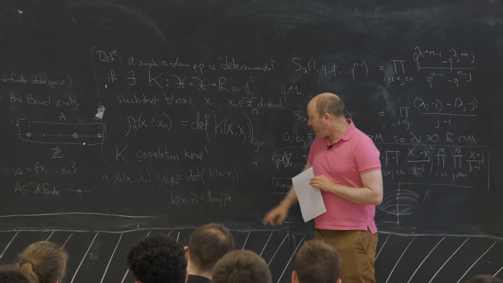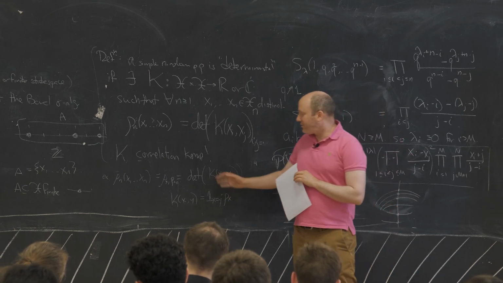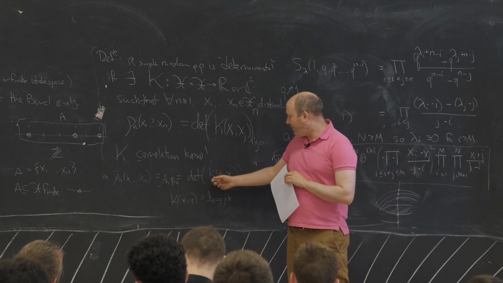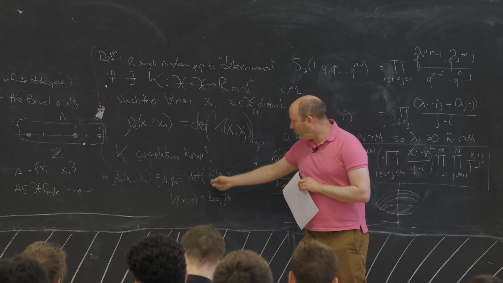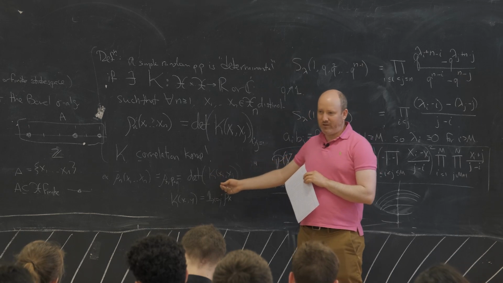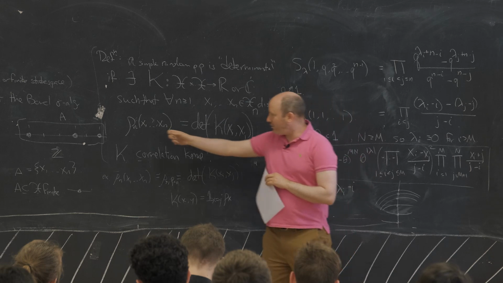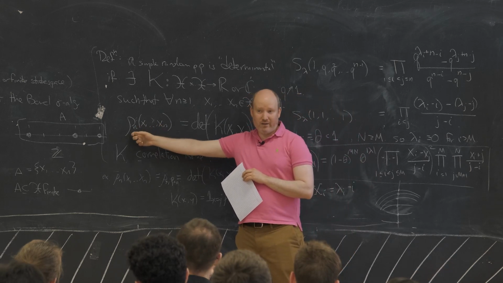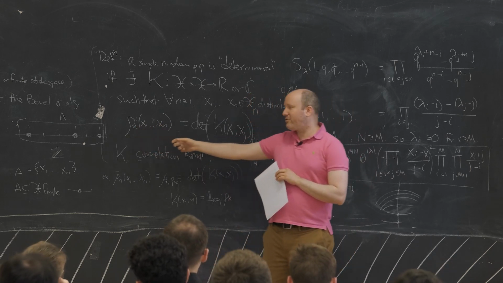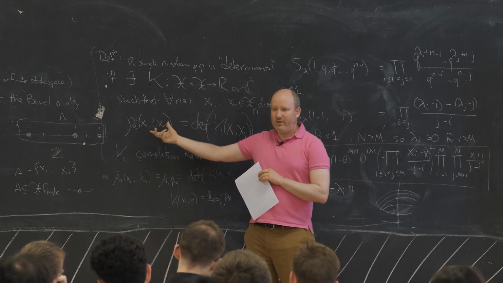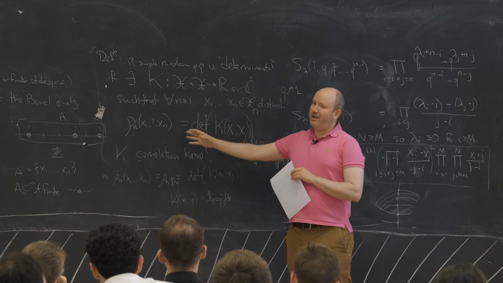So you're going away from this IID, or independent, setting, but you're just adding one dimension of complexity, because you have the same matrix for any choice of x1 through xn and any n. So in a sense, this matrix really captures two-point interactions, but it's giving you all higher interactions.